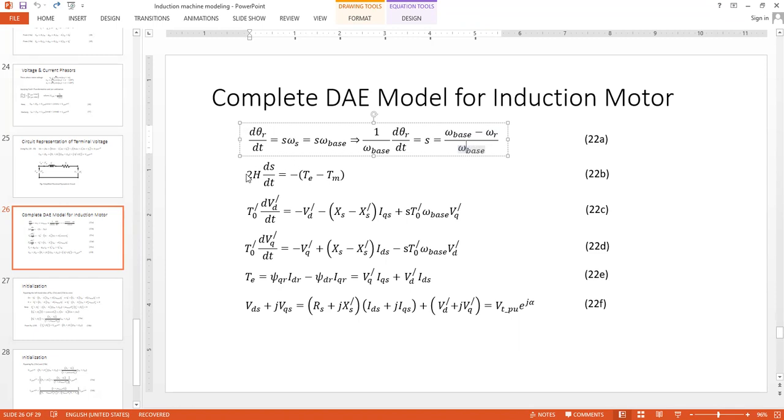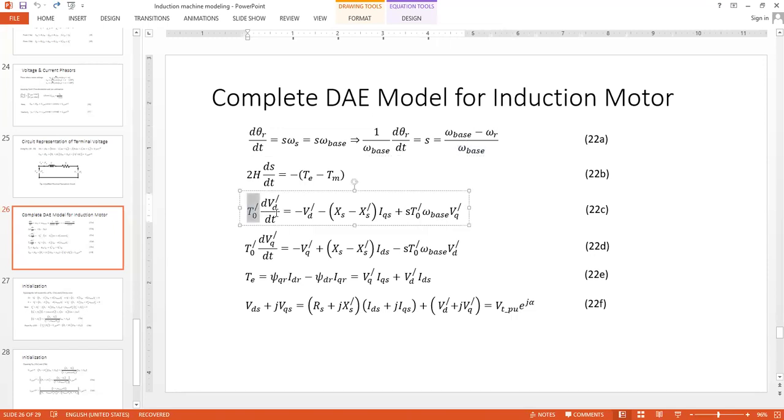Next dynamic equation is associated with the rotor or the swing equation of the induction motor. So as I said, we can get rid of the minus sign that was appearing here on the left hand side, and we can make the right hand side look like Tm minus Te. So this is coming actually from the swing equation for the induction motor.